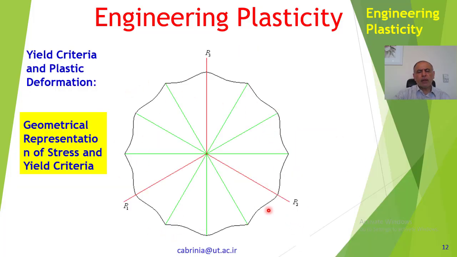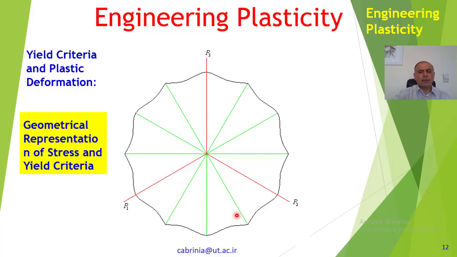Now why like that? This is a general deviatory plane, because I have drawn it like this and that. These are convex and concave curves. We don't know yet whether it's all convex, all concave, or both. Later on, I will prove that the yield surface must be a convex surface. But for the time being, we take this general view that the yield surface or locus is something like that.